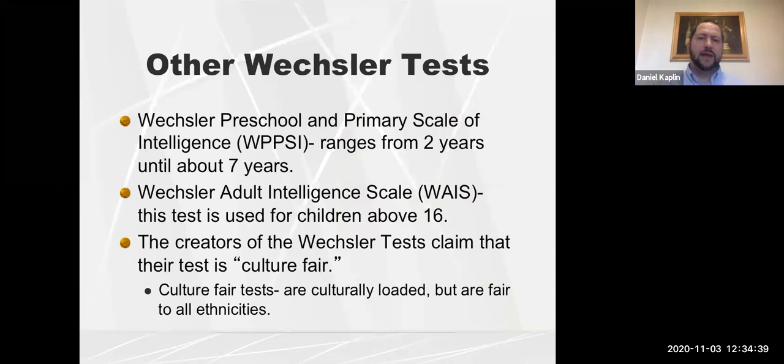So, as I said, in addition to the WISC, there's the WIPSI and the WAIS, and there is their age range. Now it says until about 7, because the WIPSI goes from 2 years old, 0 months, to 6 years old, 11 months. So that's what I mean by about.